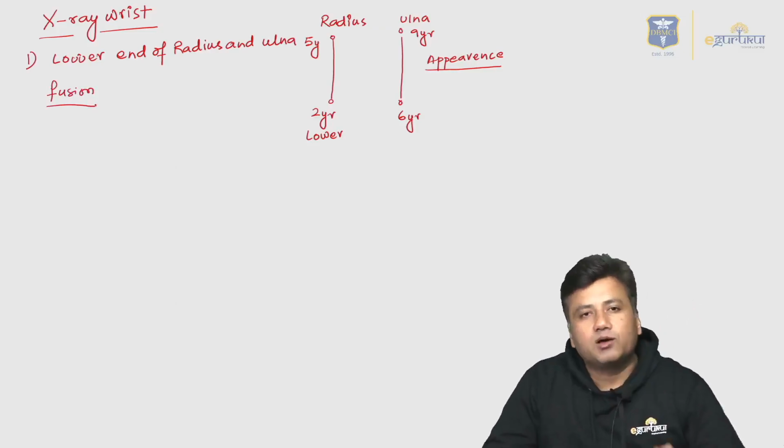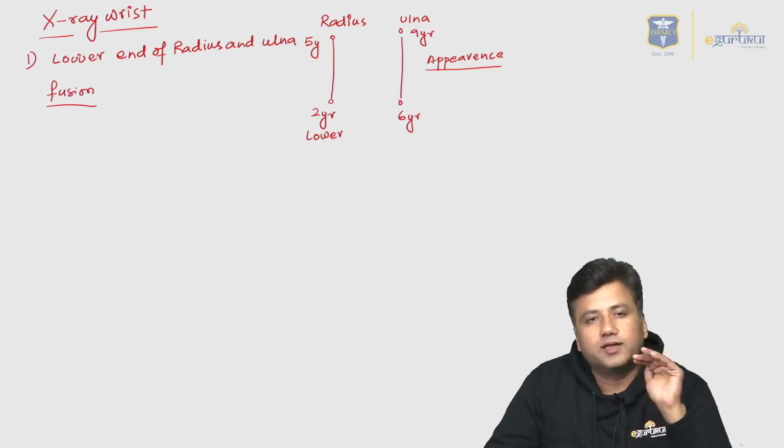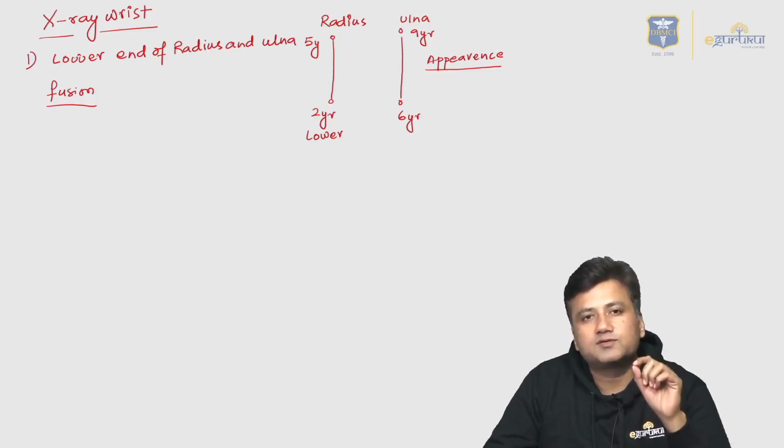In the wrist joint there is participation of the lower end of radius and ulna, because the shaft of the radius and ulna fuses with their styloid.